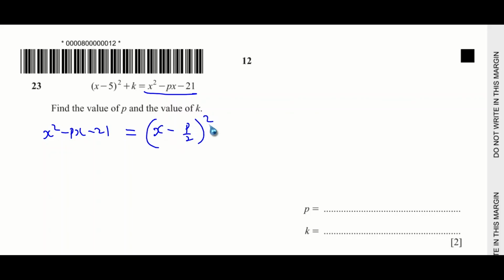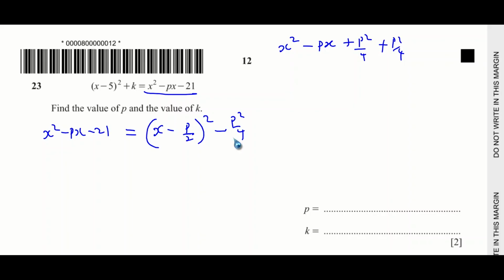If you expand this, this will give you x squared minus px, then plus p squared over 4. So that means we need to subtract p squared over 4.